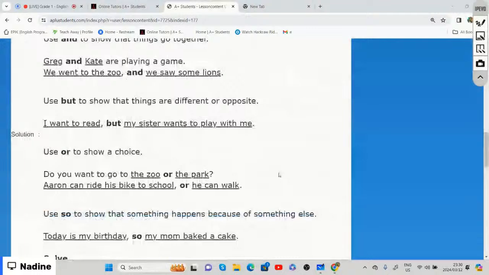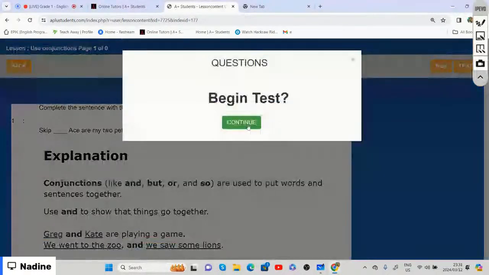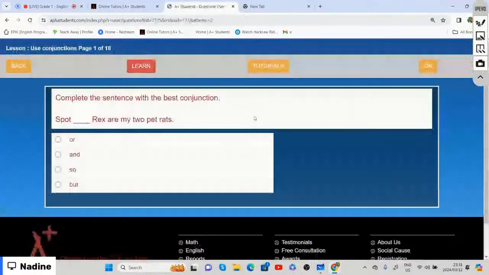We're going on to our test. So we need to complete the sentence with the best conjunction. This is now our test, right?